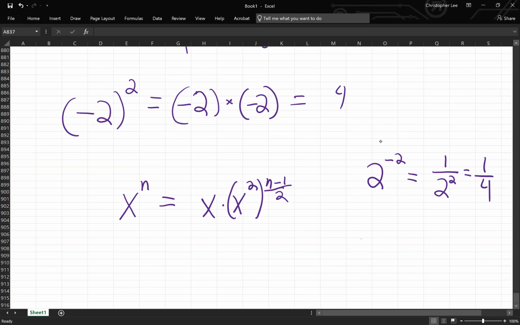So anytime I have some variable x raised to a negative power, let's say negative a, this becomes 1 over x to the a power. That's the formula for it.